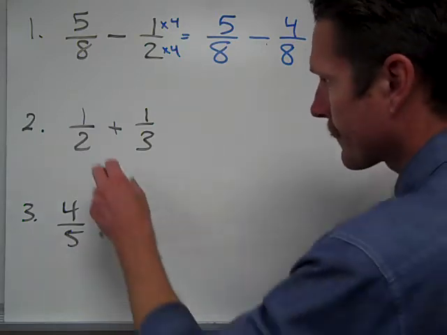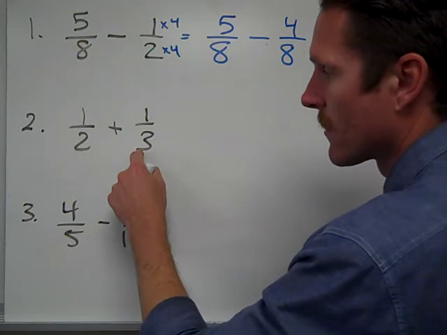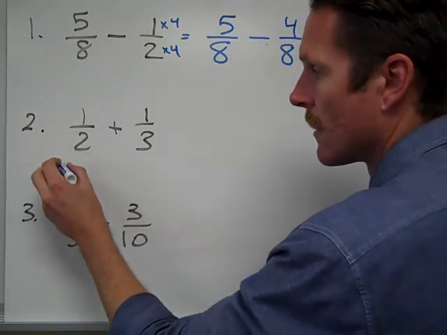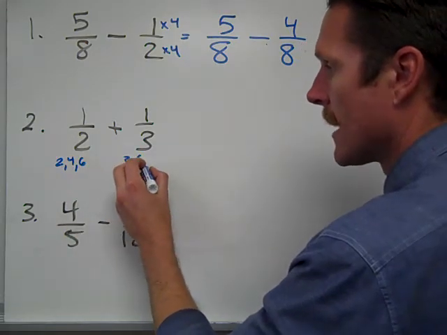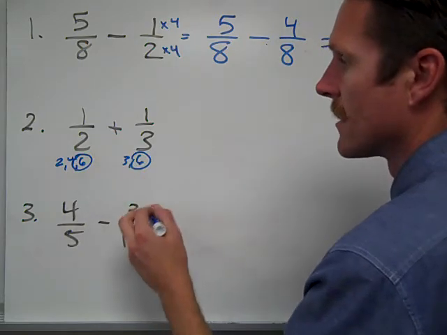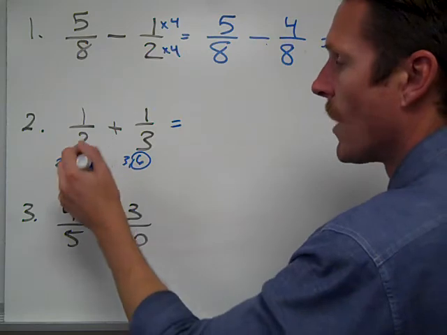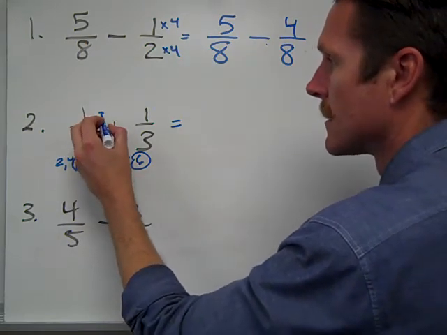Next one. This time, 2 can't go into 3 and 3 doesn't go into 2. So now I've got to think about it. 2, 4, 6, and then 3 and 6. So 6 is going to be my common denominator. Now I have to change these by making equivalent fractions. So 1/2, I'm going to multiply 2 times 3 to get 6.